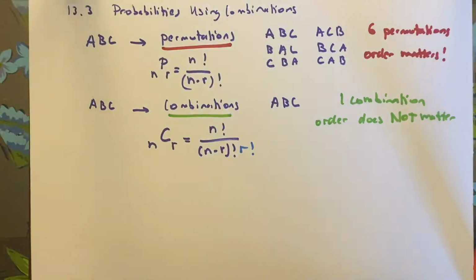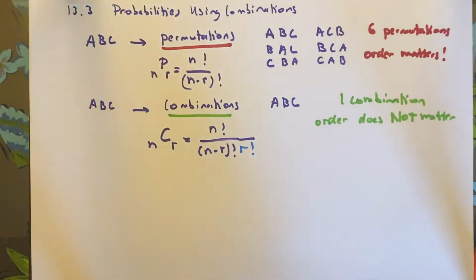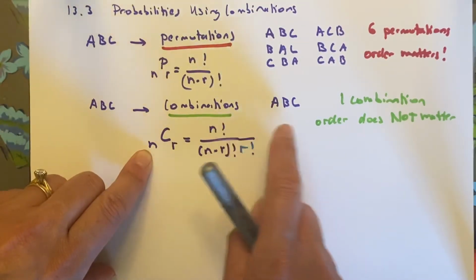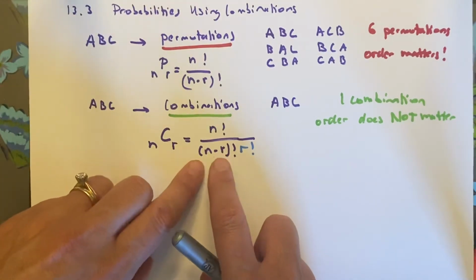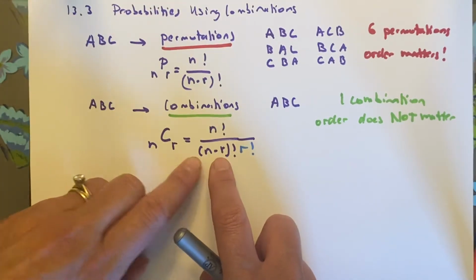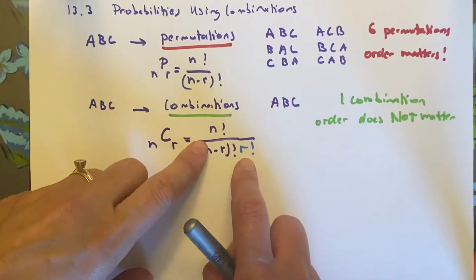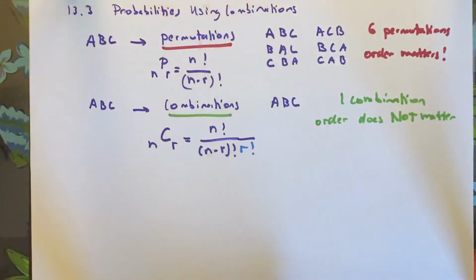That's the only difference. So what happens? Well, my number on top is the same because I still have 3 letters, so 3 factorial. But on the bottom, I get 3 minus 3 factorial, 0 factorial, times 3 factorial. Well, 3 factorial on top and 3 factorial on the bottom is going to give me 1.